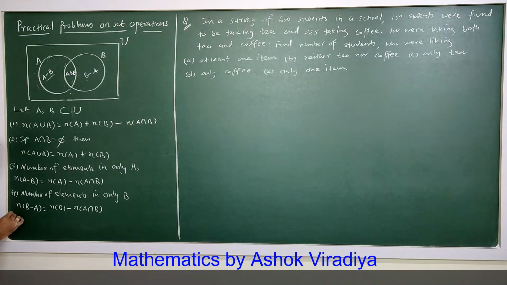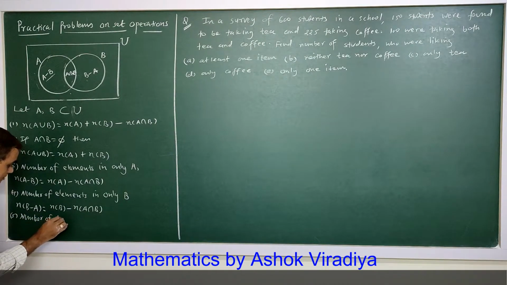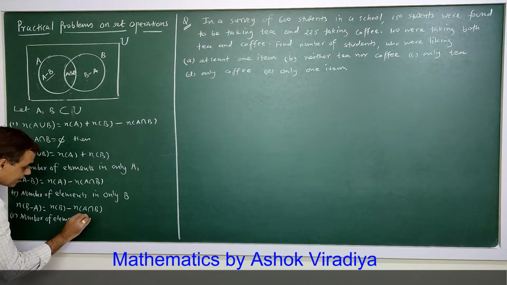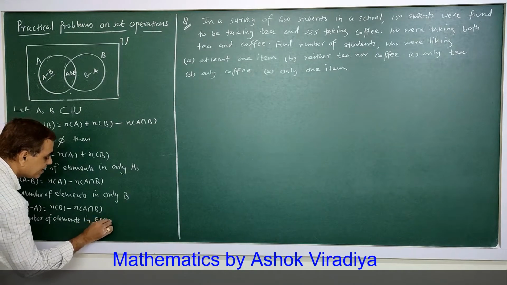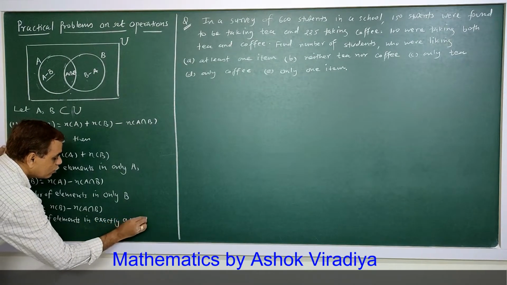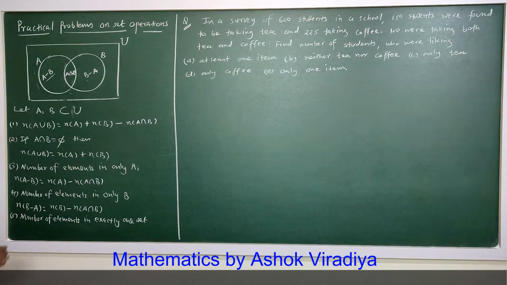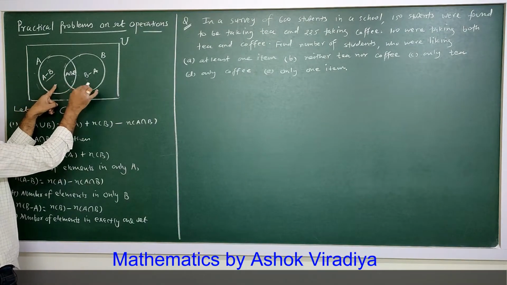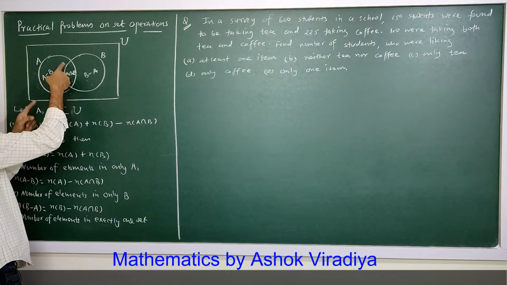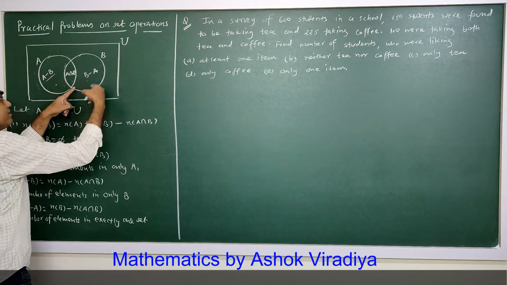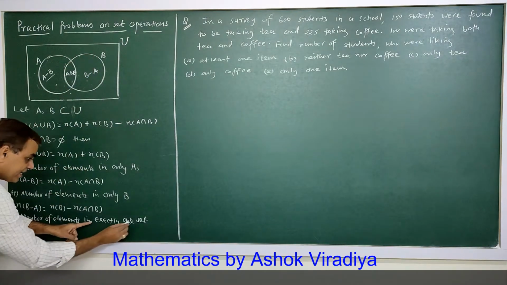Then if you are asked to find number of elements in exactly one set, number of elements in exactly one set, that means either in this region or in this region, not from this region. It is either in only A or in only B, means in exactly one set.